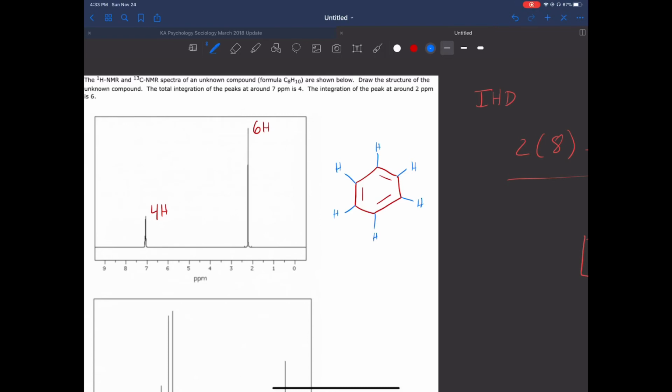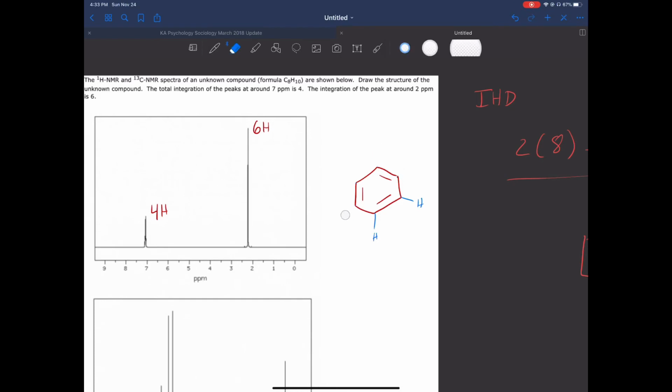Because remember, HNMR doesn't pick up the hydrogens that are the same. So that's the purpose of the integration. So we can't have our benzene looking like this. You can't have all 6 hydrogens. And we also knew that based on the formula, we still didn't account for 2 hydrogens, 2 carbons, right? So we're going to have to add substituents somewhere.